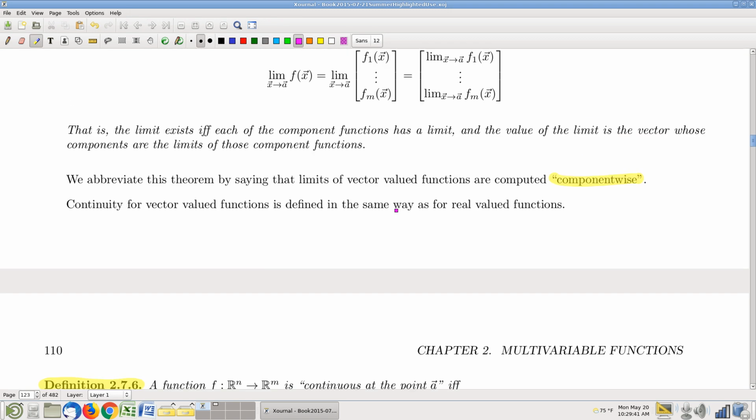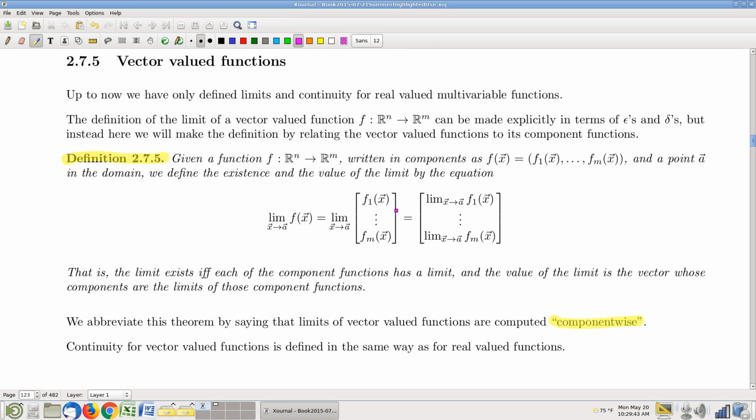Okay, there's some discussion here of vector-valued functions. A short version of this is that if you're taking a limit where you have multiple output variables, everything we've looked at so far was a single output variable with multiple input variables.